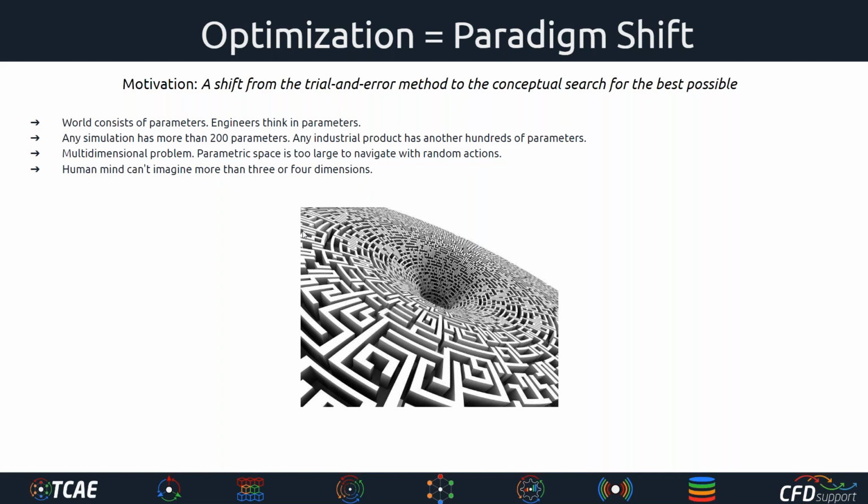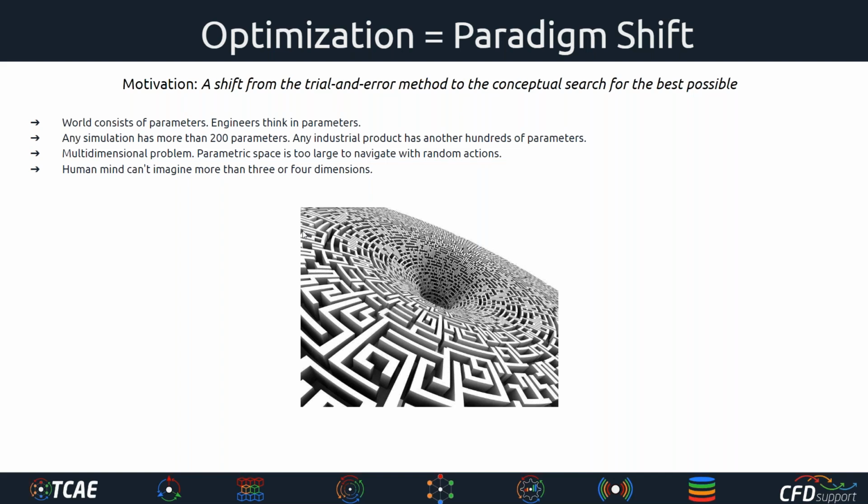And let's talk about it, right? So we believe that we are engineers, and we believe that the world consists of parameters. At least the world can be described with parameters. And there are a lot of parameters everywhere. So the system is extremely complex, right? We can imagine that any CFD or numerical simulation has more than 200 parameters.